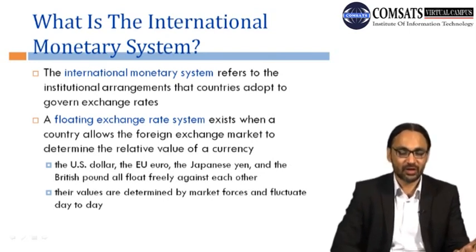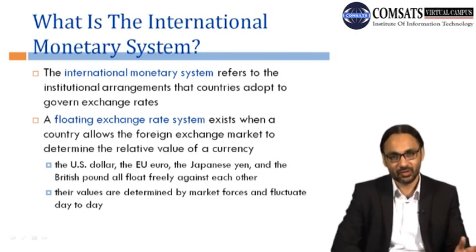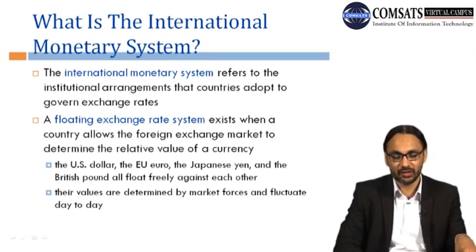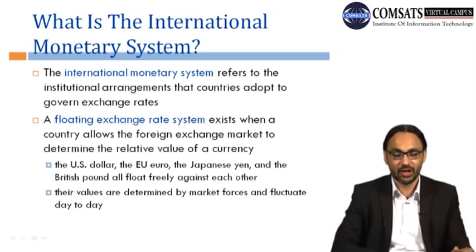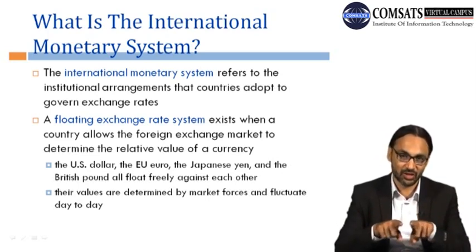For instance, the main important currencies are the US dollar, the euro, the pound, and the Japanese yen. They float freely against each other, and their values are determined by market forces and fluctuate day by day. Even within the day, they can change within minutes, very quickly against each other.